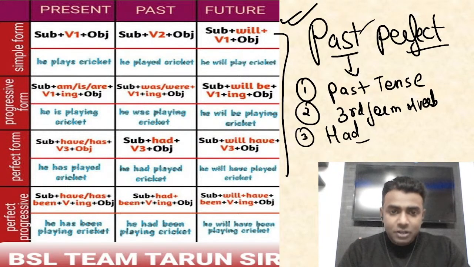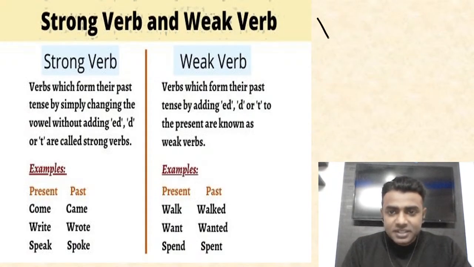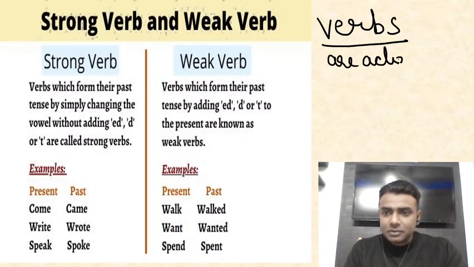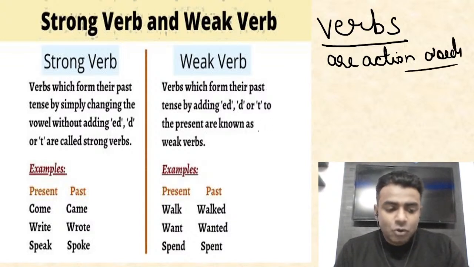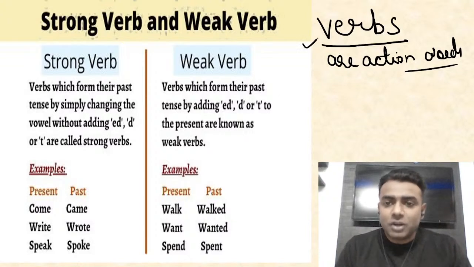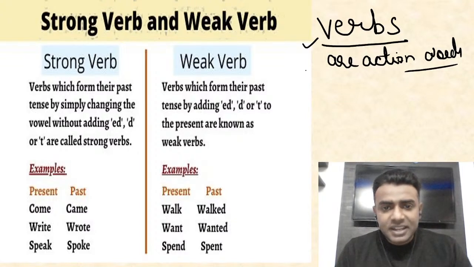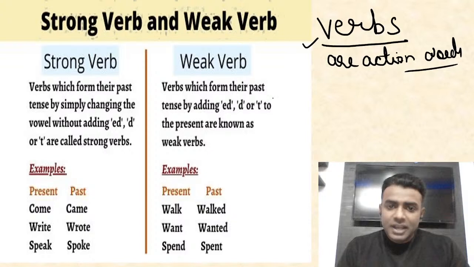Okay, now heading towards verbs. This is the second topic that you people would be taking care of. Verbs are action words. Remember this. Whatever action we do, whatever action an animal does, whatever action anything does is known as verbs.